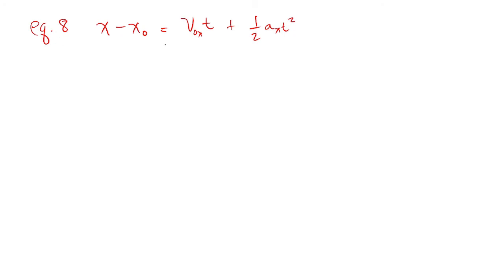If you add x naught to both sides of the equation, you will arrive at an equation which is this. So you have there x in one side of the equation, then you will have x naught here plus v naught, or initial velocity, times time, plus 1 half acceleration, or constant acceleration times time square.